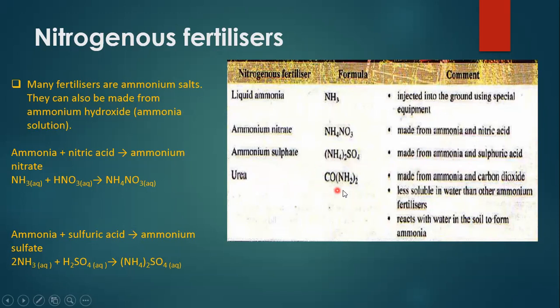And urea, CO(NH2)2, is made from ammonia and carbon dioxide. It is less soluble in water than ammonia fertilizers, and it reacts with water in the soil to form ammonia. So here is a list of the different nitrogenous fertilizers we discussed, and these fertilizers are basically made from ammonia.